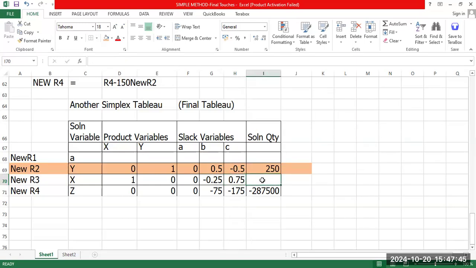What about the last one? It's negative 250, negative 125. Yes. Negative 250, 125.